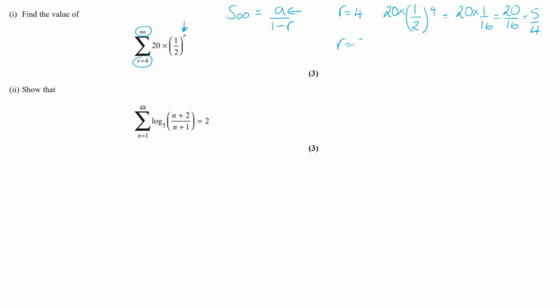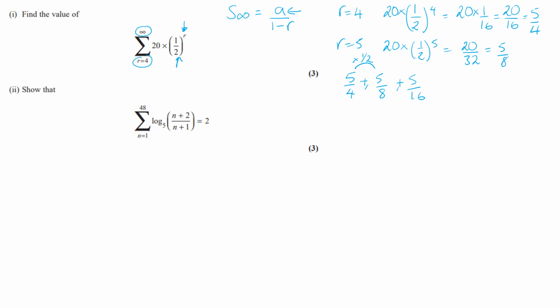When r is equal to 5, just to get an idea of how this sequence is going, it's going to be a half to the 5, which is 20 over 32, which is 5 over 8. Now, because I've got this half to the r, I am multiplying by a half each time, so the sequence is going to go 5 quarters, 5/8, 5/16. My r, what I'm multiplying by between each term, is a half, and when I'm doing a series I'm just going to add them up.